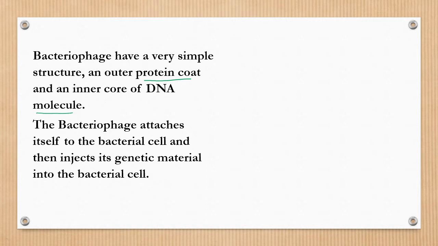The genetic material DNA is inside, surrounded by a protein coat. This bacteriophage attaches to the bacterial cell and injects the genetic material, that is DNA or maybe RNA, whatever the genetic material may be, into the bacterial cell.